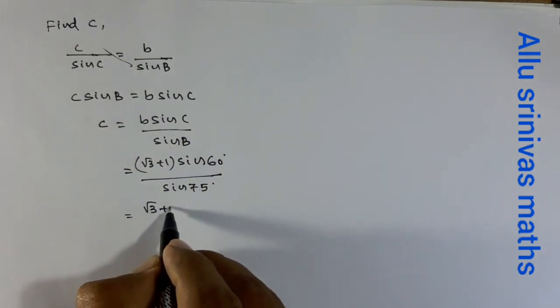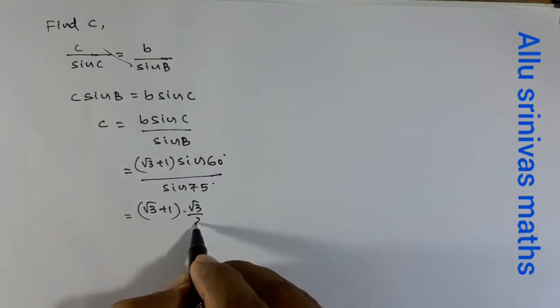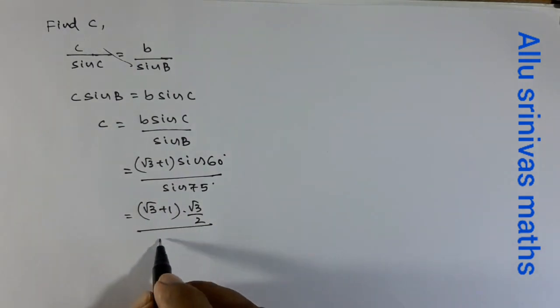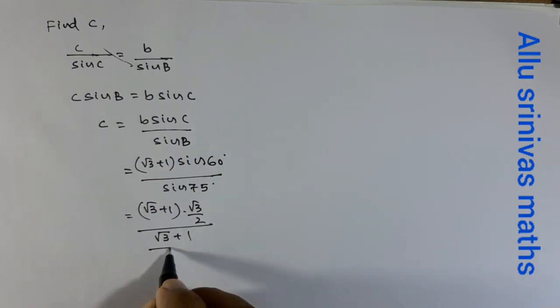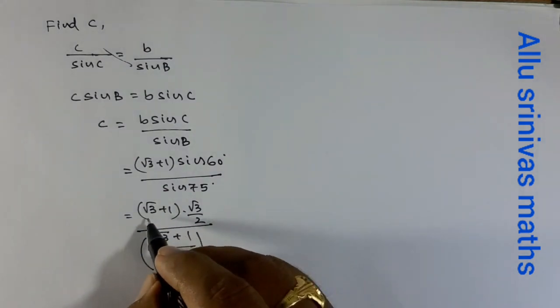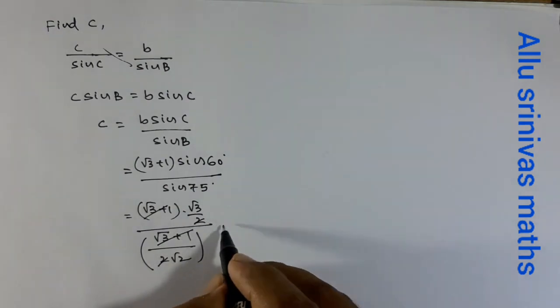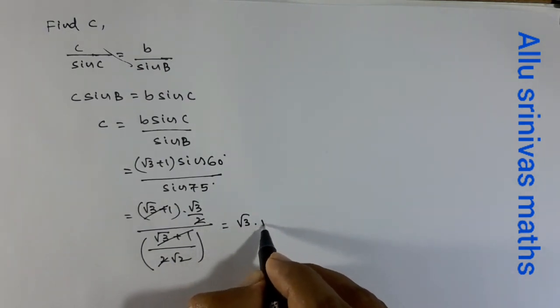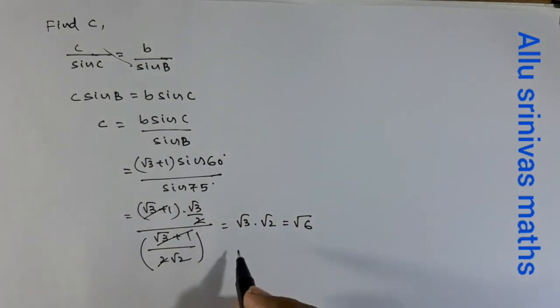Root 3 plus 1 into sin 60 degrees is root 3 by 2, and another trigonometry value sin 75 degrees is root 3 plus 1 by 2 root 2. Numerator and denominator root 3 plus 1 cancelled, and also 2 cancel, and then finally root 3 into root 2, and finally root 6. Required side C equal to root 6.